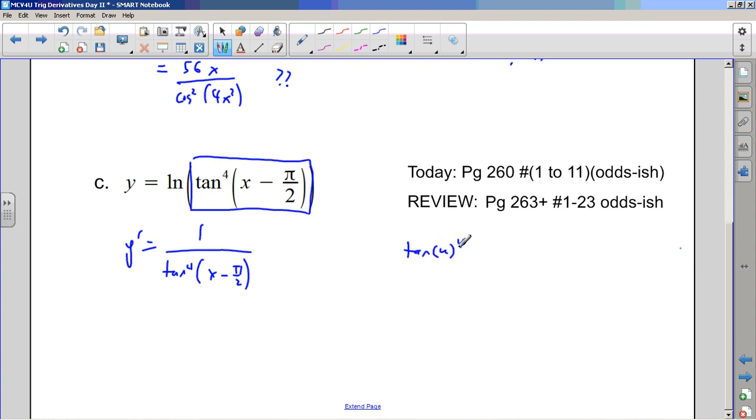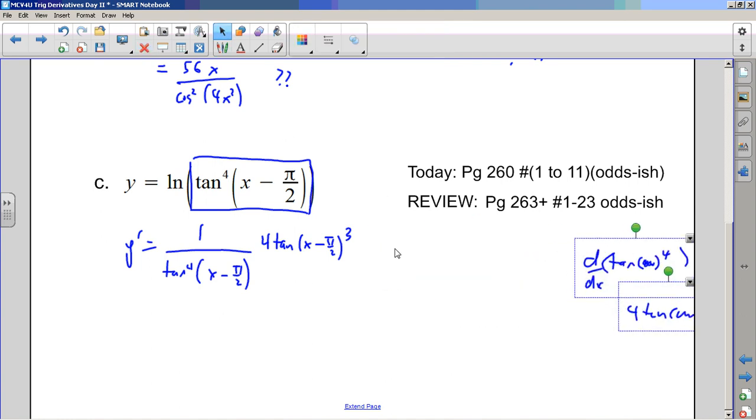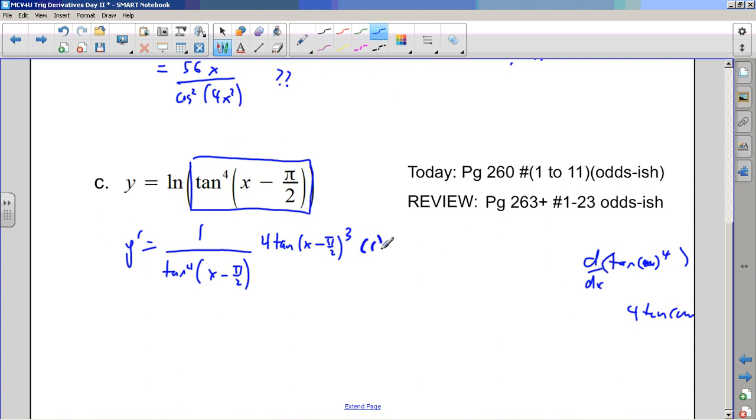So the derivative of this with respect to x, I bring the 4 down, and then that becomes 3, and then I still have the inside thing. So I have 4 tan of x minus pi over 2 to the exponent 3. But then I have to take the derivative of the inside thing there, which is just 1.